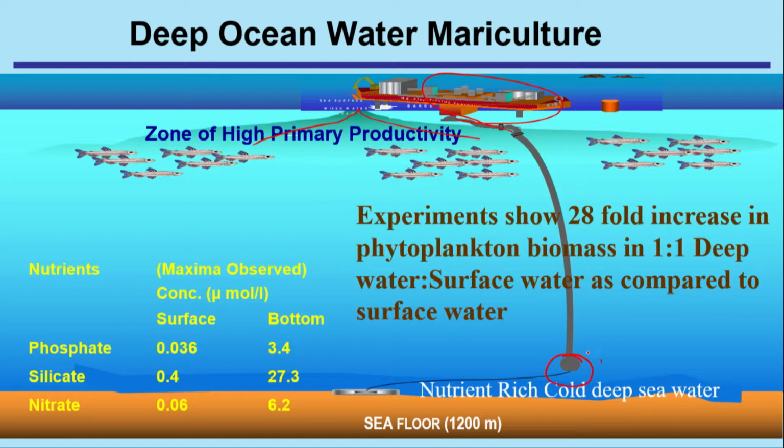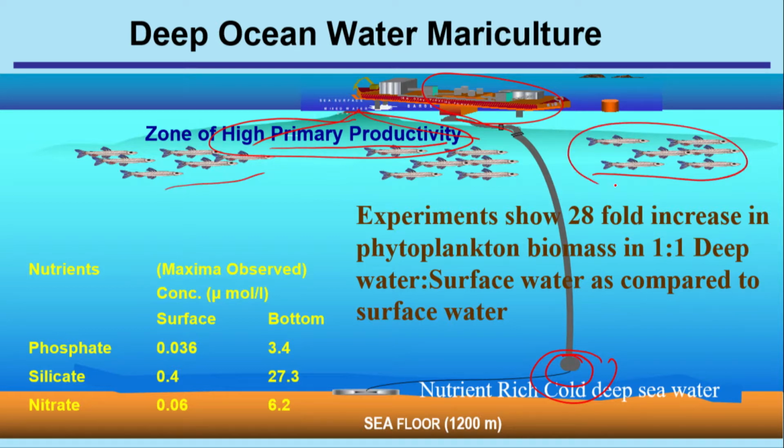So the nutrients in this location are available at a shallower depth, and that will increase the primary productivity. You will have a lot of various types of organisms, fish, etc. They all will come, and this will promote mariculture.